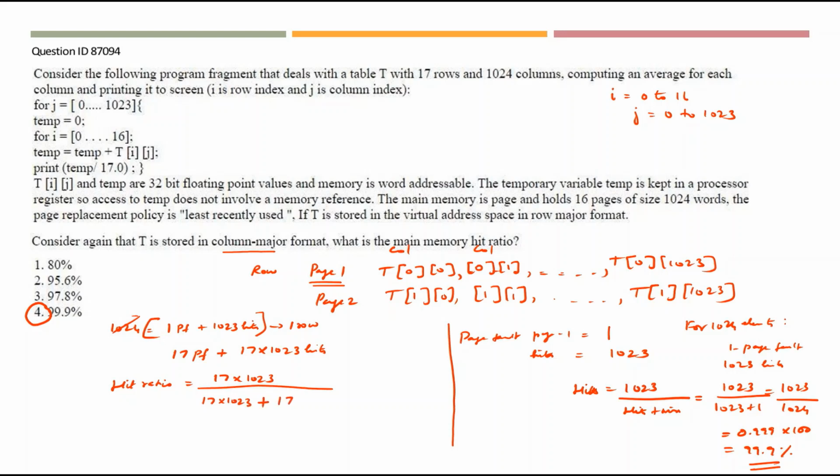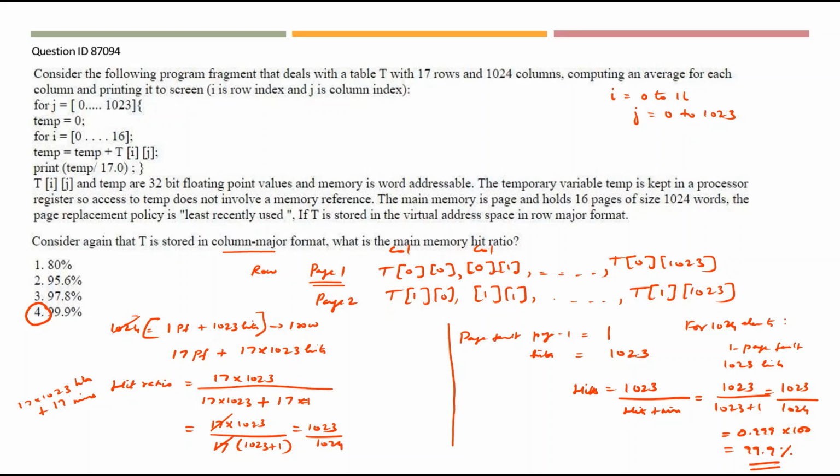So 17 into 1. Keep the 17 in the numerator as it is and bring the 17 outside. So there are 17 page faults. Instead of keeping it as 17, I am just marking it as 17 into 1, or you can just place it as 17. So cancelling the 17, you will again end up with 1023 by 1024.